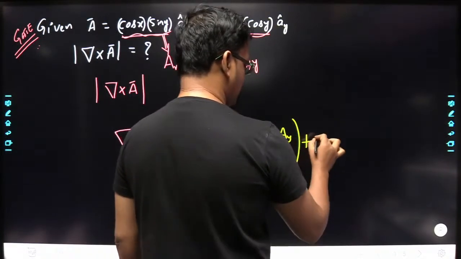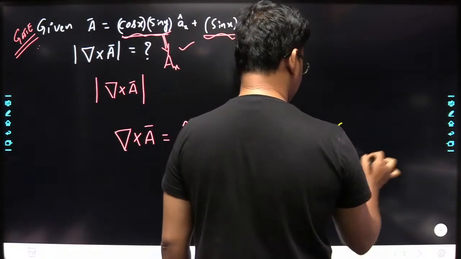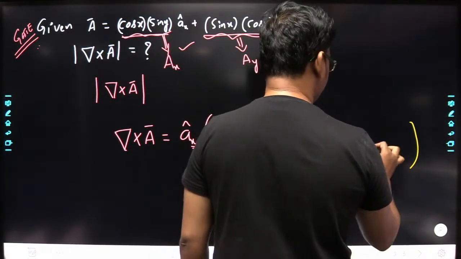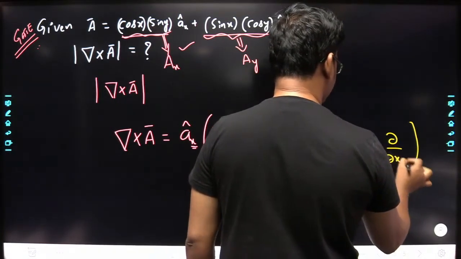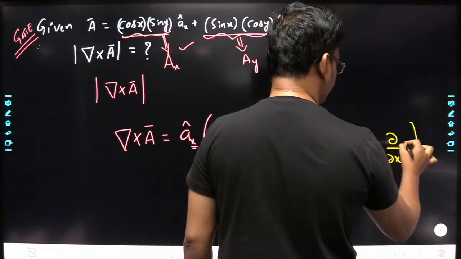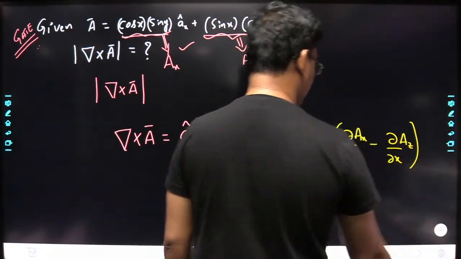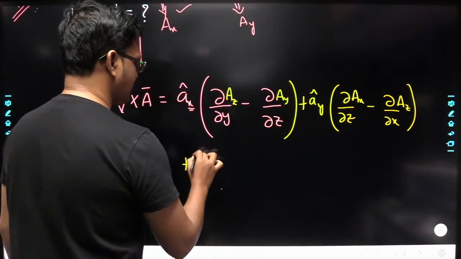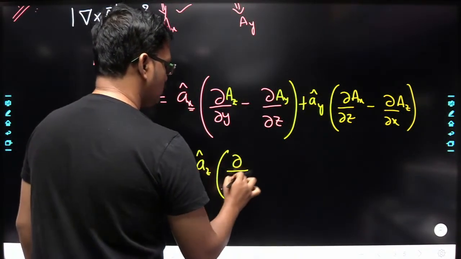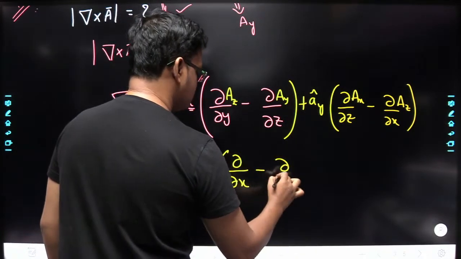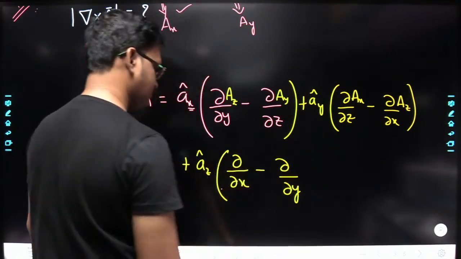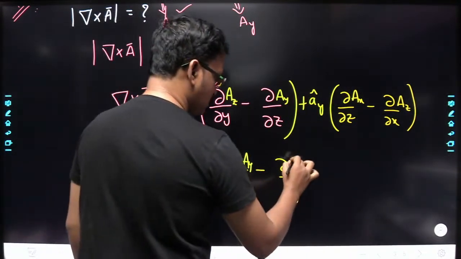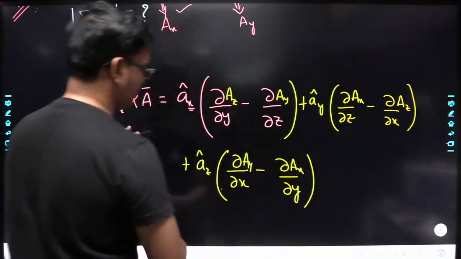Plus ay cap into dou by dou z minus dou by dou x, here the x component of A bar and here the z component of A bar, plus az cap into dou by dou x minus dou by dou y, right? So here you have to differentiate the y component and here you have to differentiate the x component, right?